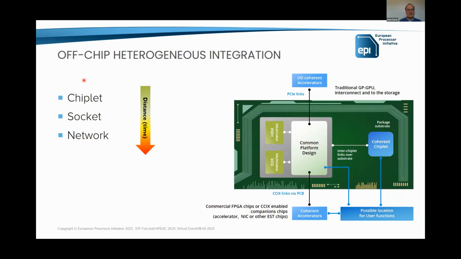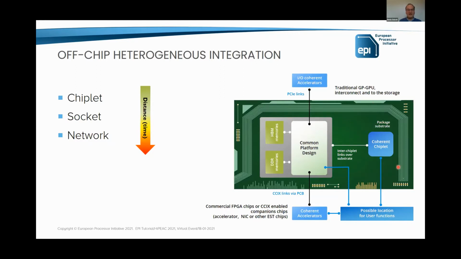We talk about chiplet when we have another die with a certain function connected to the main host through an inter-chiplet or die-to-die communication, integrated in the same package. This is, let's say, the shortest possible distance of accelerator integration within such kind of environment.